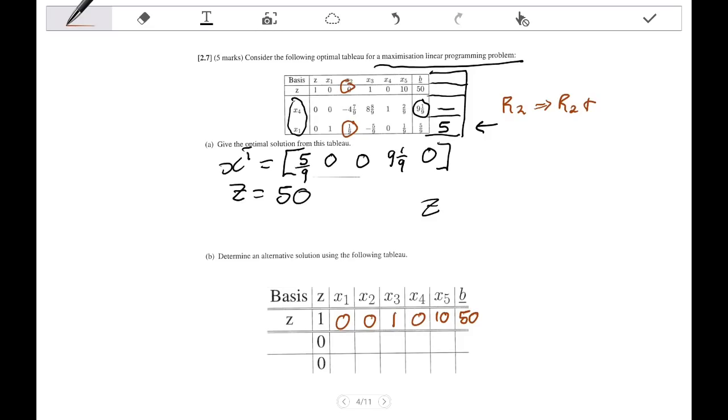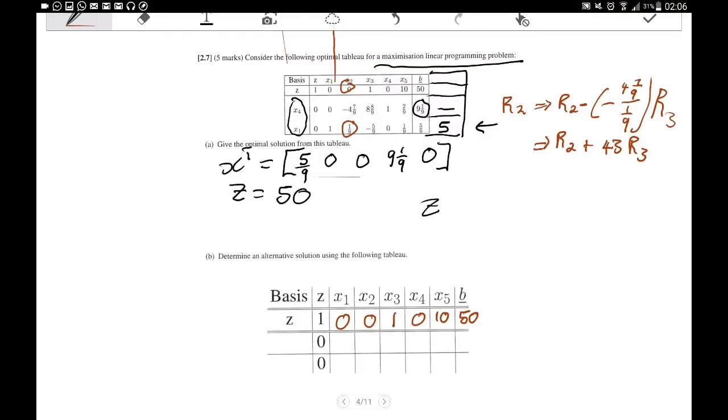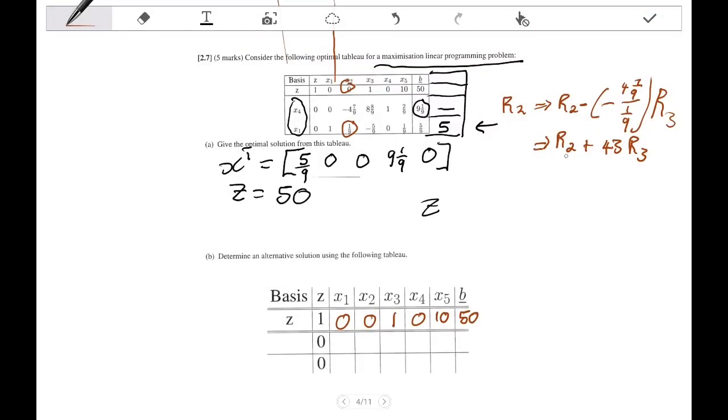Or if you just want to be polite enough, you can say minus, open bracket, into minus, you take this number here to the denominator 1/9, and then you take 4 multiplied by 7/9 to the numerator. This is your coefficient, and then you multiply that by the R3. Okay, here then for the second constraint is R2 plus 43 R3.